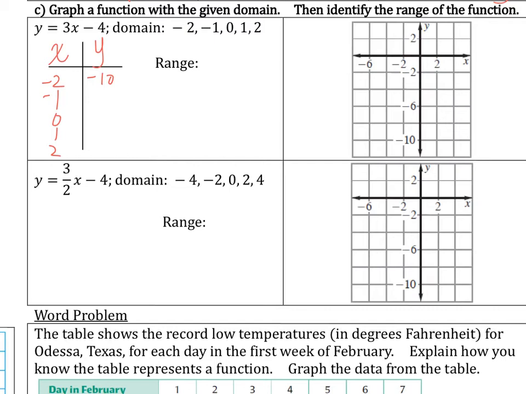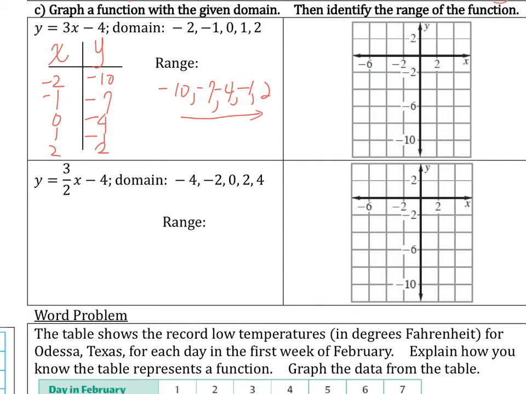When x is -1, y is -7. When x is 0, y is -4. And then -1, and then 2. So therefore I can list my range: -10, -7, -4, -1, 2. And it needs to be in order from least to greatest.